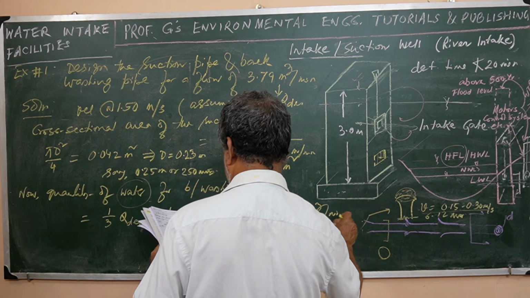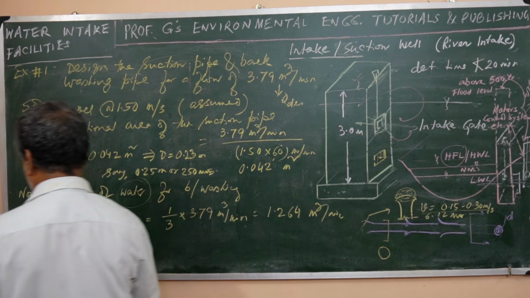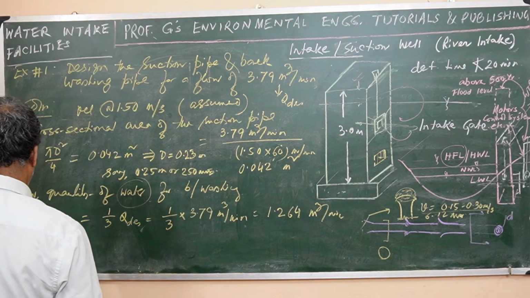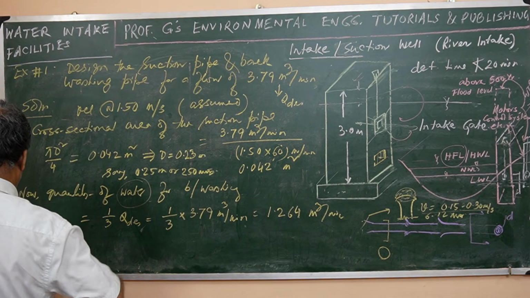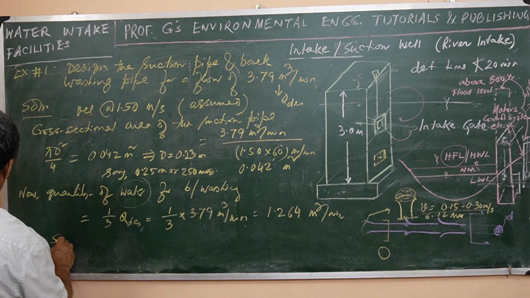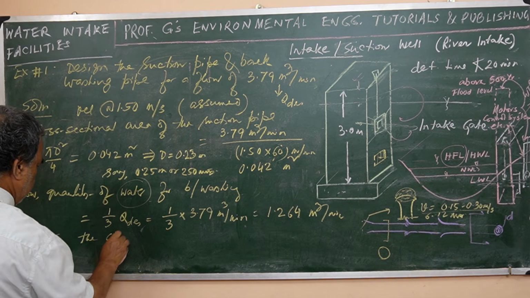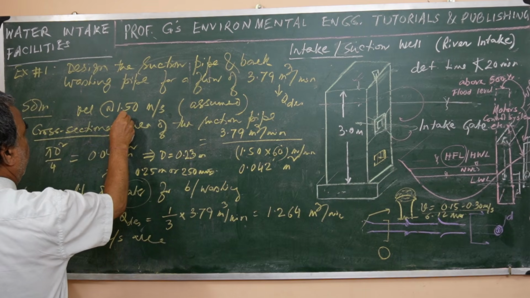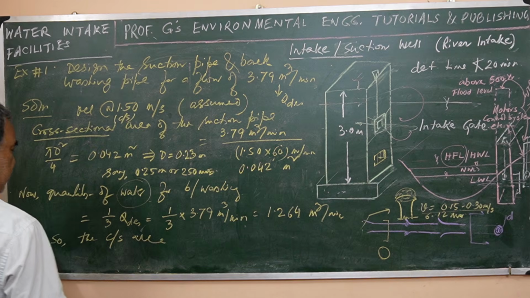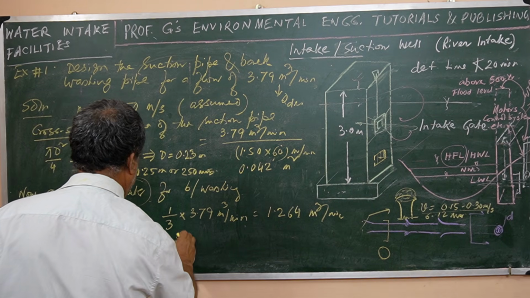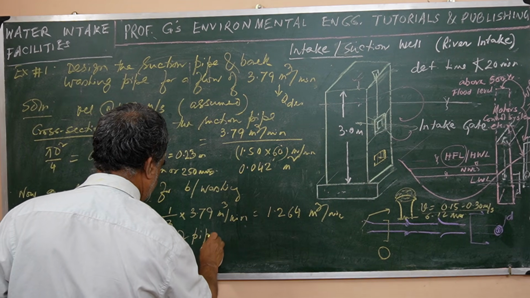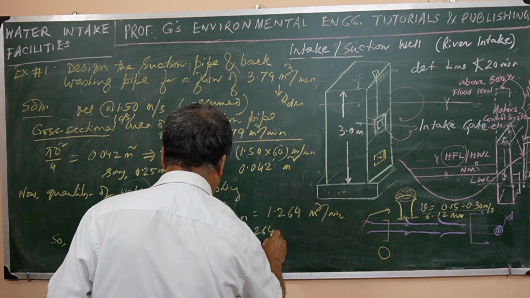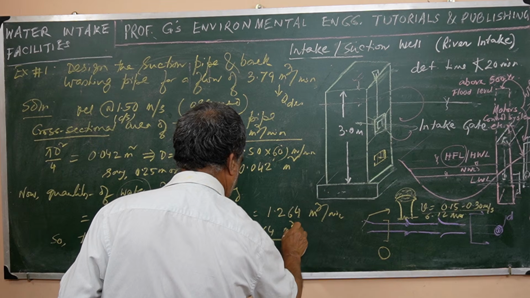You can calculate this. I have already checked that, but still I will suggest you to calculate once more at your level. So the cross-sectional area, many a time we write like that. Cross-sectional area of the backwash pipe of course, this would be 1.264 meter cube per minute.